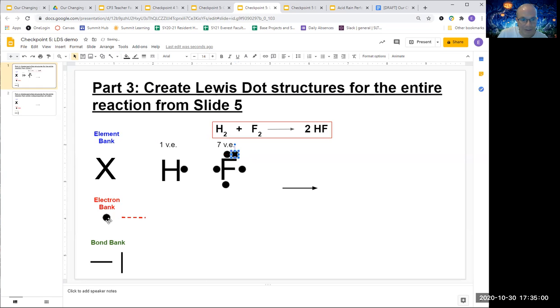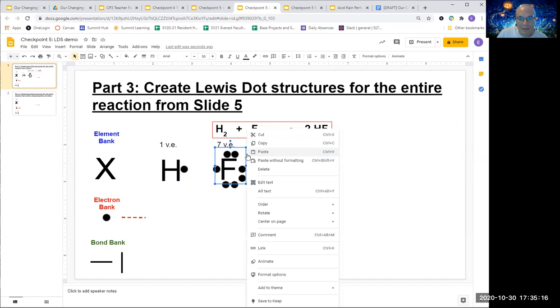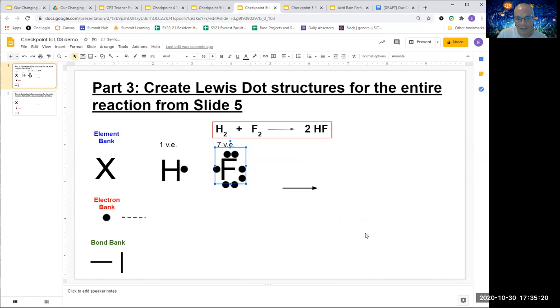Just for convenience, I'm going to make the pairs this way. I also just wanted to move these 2 electrons up, as they were crowding the other electrons.